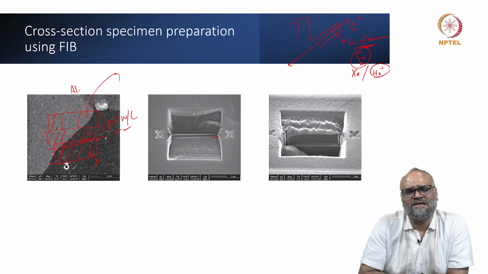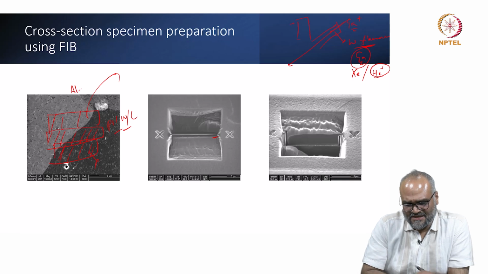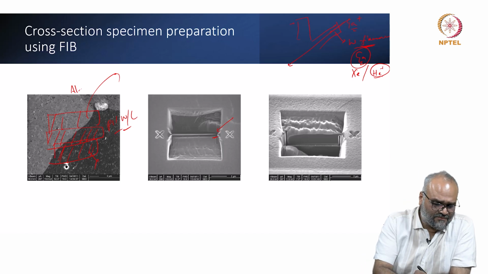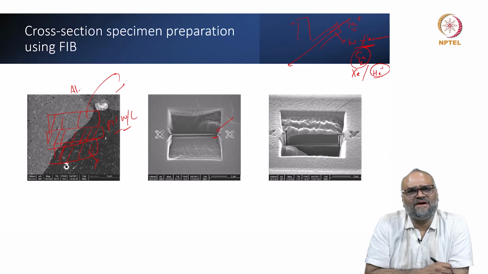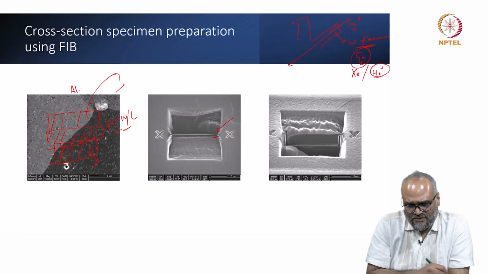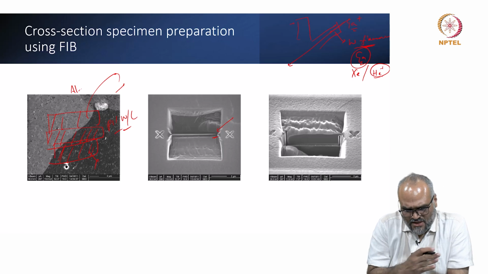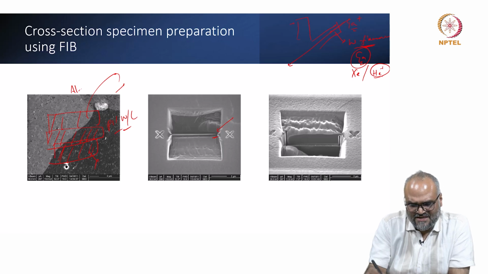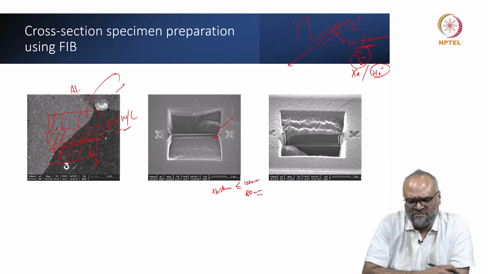In the olden days, when you did not have manipulators, you typically used a glass needle to pick up this very small specimen. So from a bulk sample, after identifying a region of interest, you have to section it, go down step by step, and prepare a specimen where your thickness is less than 100 nanometers or 80 nanometers, or as thin as you can make it.